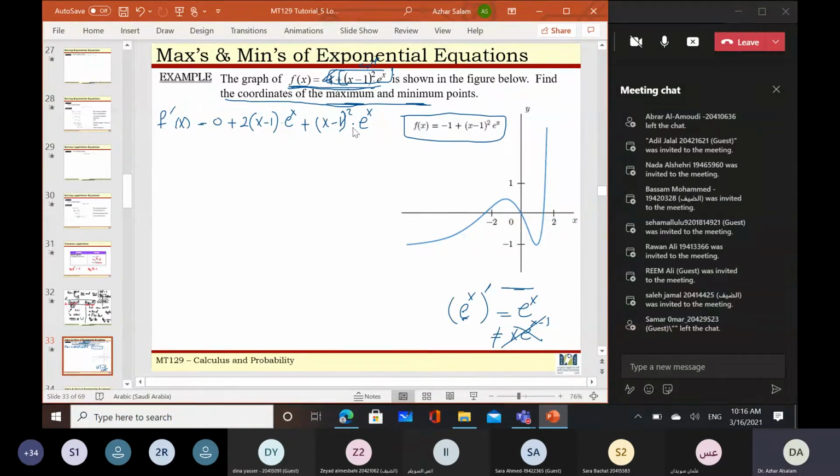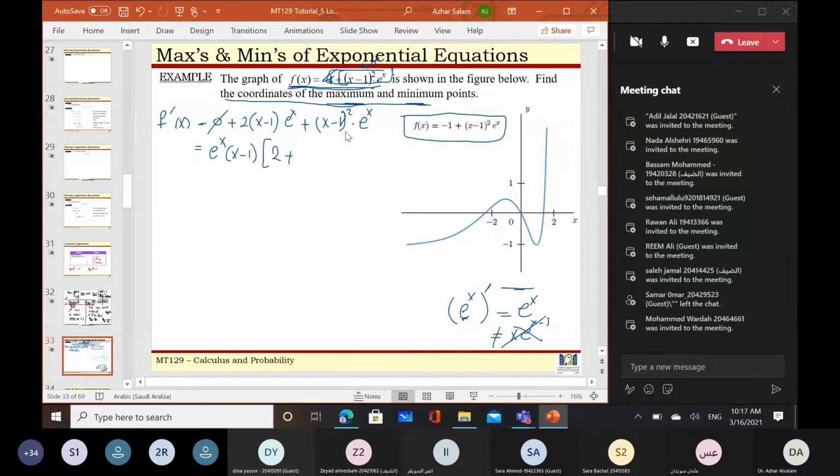Now I have to simplify. I took the derivative, and I have to simplify. This is 0, so I can take e to the power x as a common factor and also x minus 1 as a common factor. It remains 2 from here, plus, since I took x minus 1 as a common factor, x minus 1 remains.